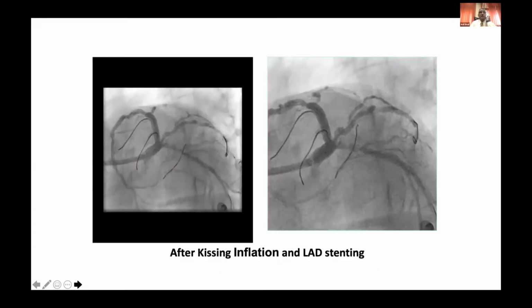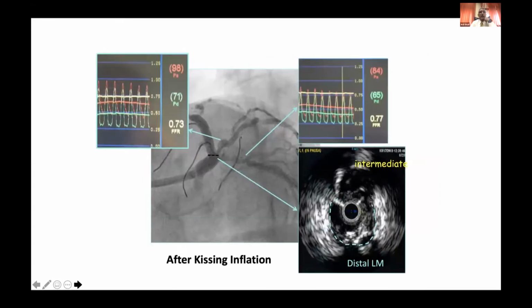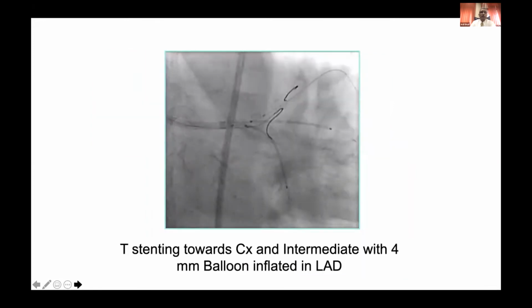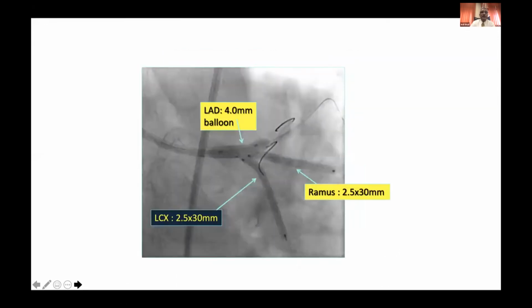After this, we again checked our circumflex and ramus, and we did an intravascular ultrasound and found they were both significant. So again, we used a T stenting towards the circumflex and intermediate with a 4 millimeter balloon inflated in the LAD.